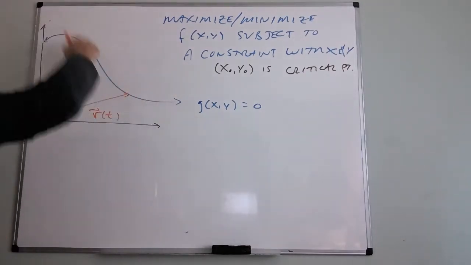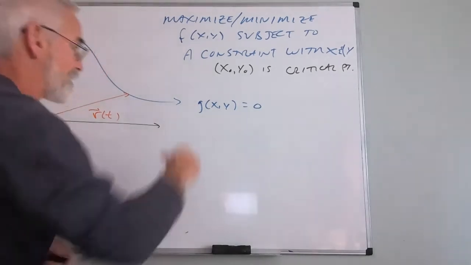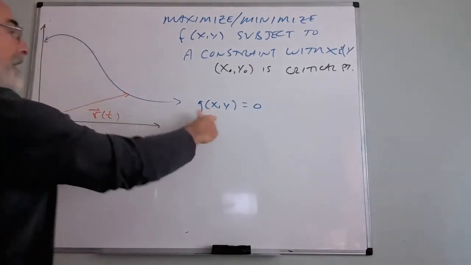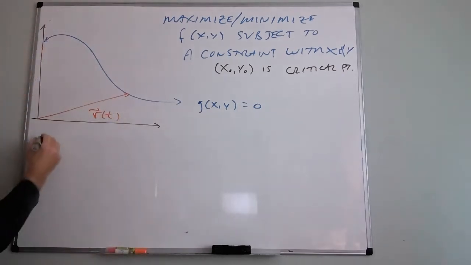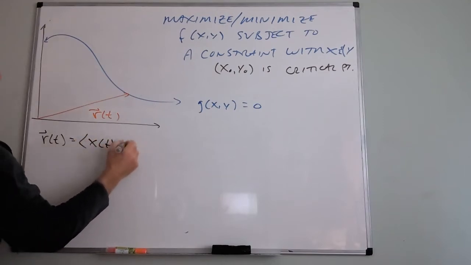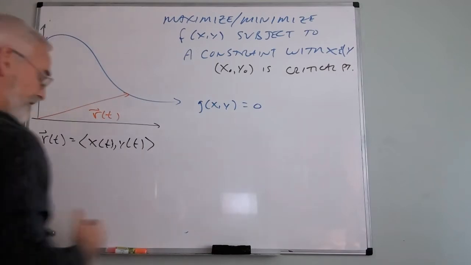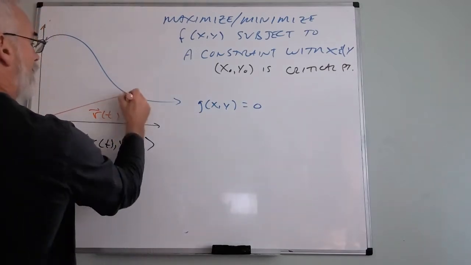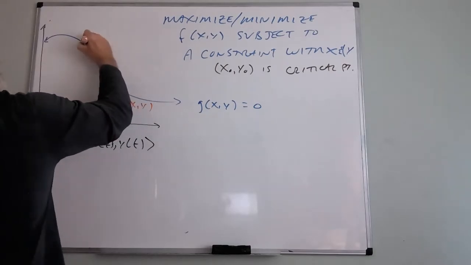So r of t is going to put me at every point. We know this is a vector valued function. So I can generate every point on my constraint with a position vector, where r of t, as we know, is x of t, y of t, nothing new. And that ordered pair, right there, would be the ordered pair just in general, x, y, but maybe it's right here.